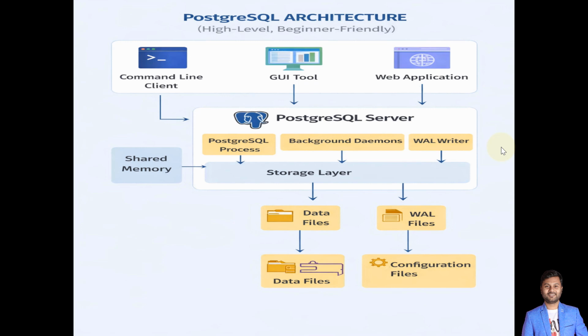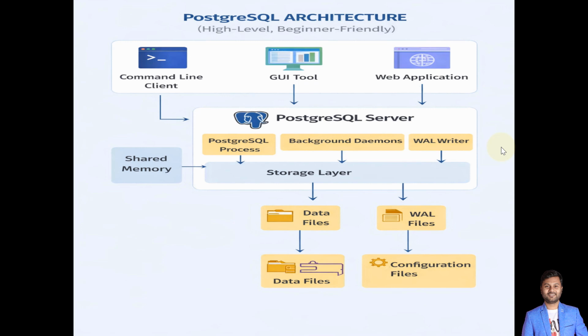So there is one more component, which is shared memory. Shared memory is where PostgreSQL stores information that all processes can access, such as cached data and buffers. So components of shared memory are shared buffer, WAL buffer, that is write ahead log buffer. We'll see these things in some time.